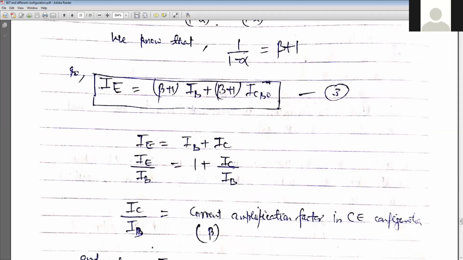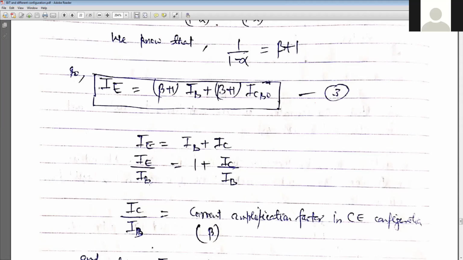Now you see that this IC by IB is nothing but the current amplification in the common emitter configuration, because in the common emitter configuration your input was base current and output was collector current. So this is nothing but beta.